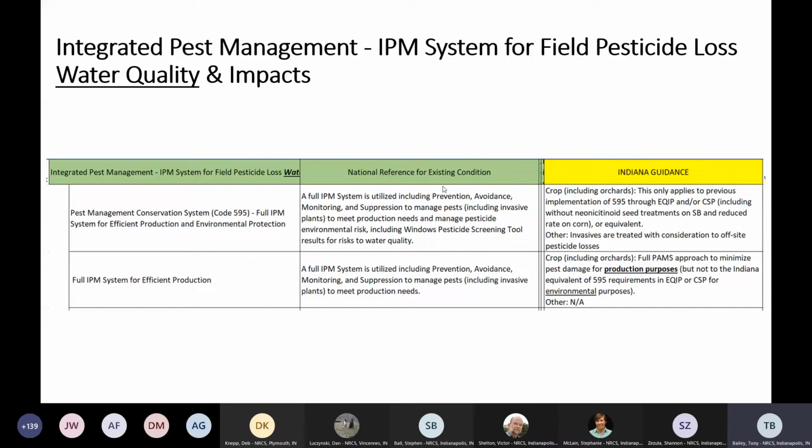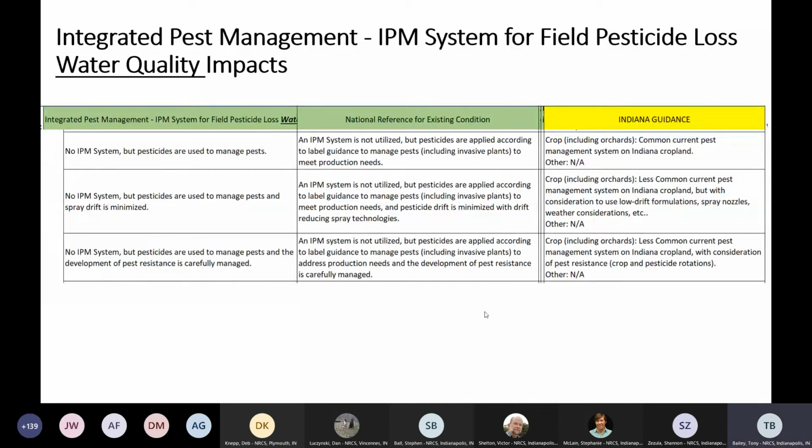There are some cases, and hopefully that's being thought about. Then the full IPM system for efficient production, general production purposes, includes a full level of the PAMs, the prevention, avoidance, monitoring, and suppression, but not to that 595 level. So a lot of the way, but maybe not fully implemented as we would define it.